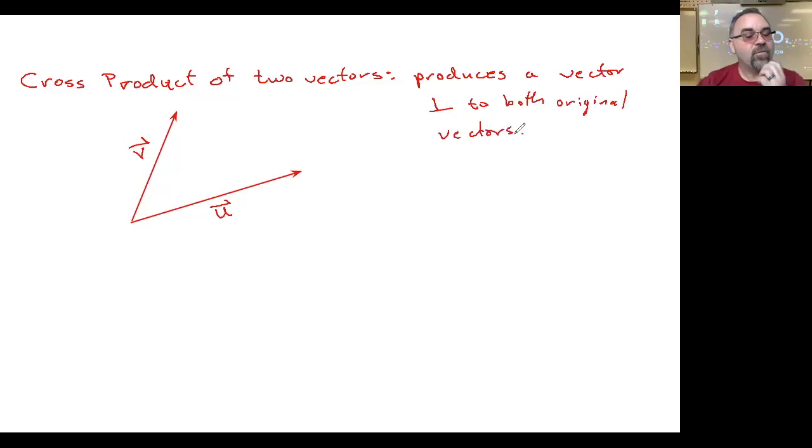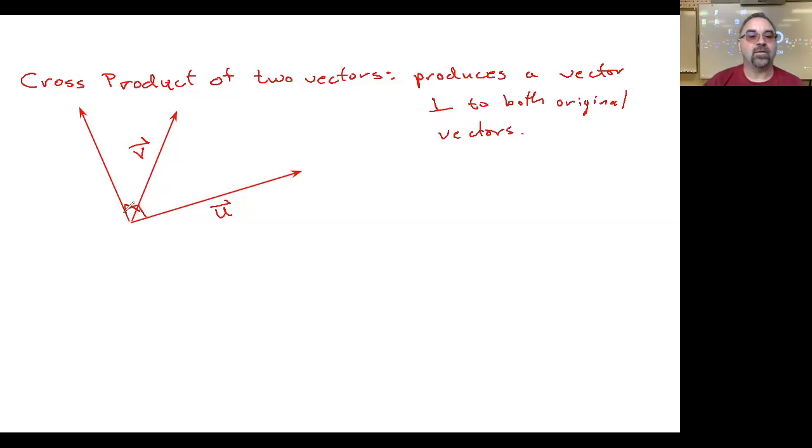So a little tough for me to illustrate here, so you have to get your imagination hats on. But if we were to cross product u and v, somehow there'd be a vector popping up out of the plane that those two are in. That's going to be perpendicular to vector v, but simultaneously perpendicular to vector u.